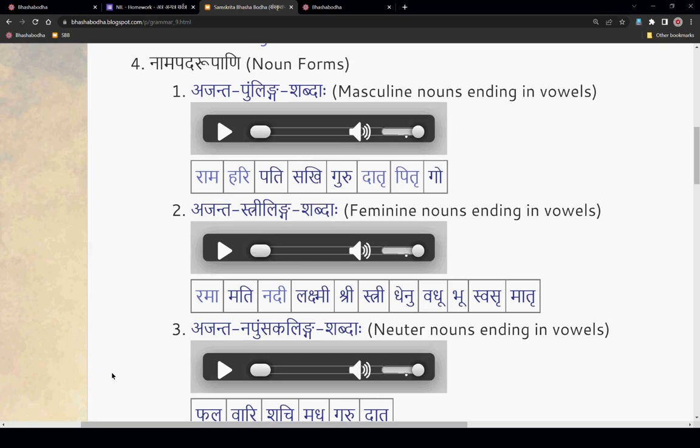If we pay attention to those patterns, 90% of the time it will be easy for us. We don't have to remember each and every form of every word. And what are these patterns?